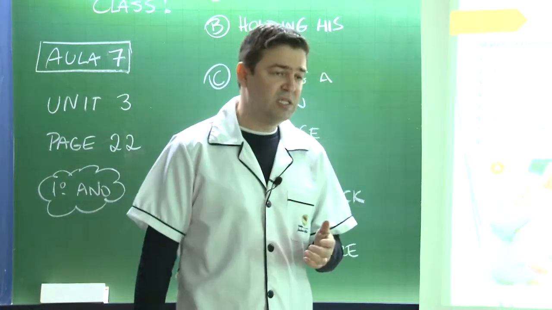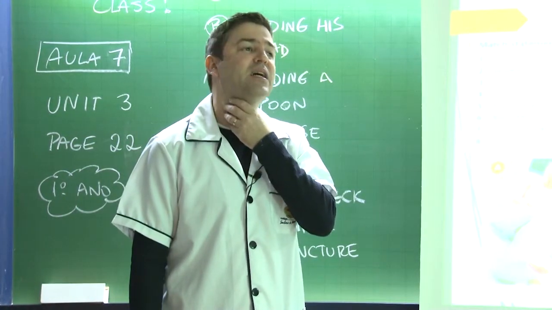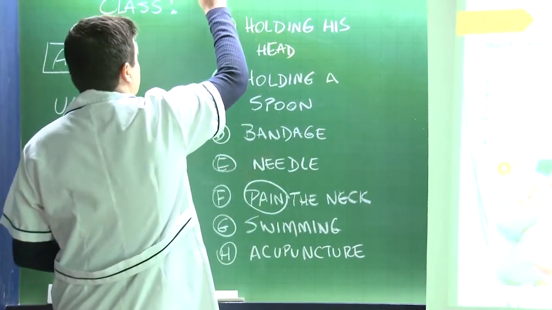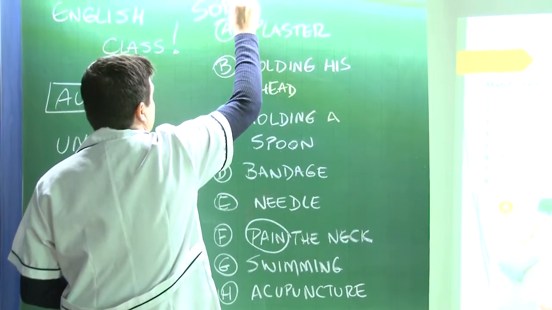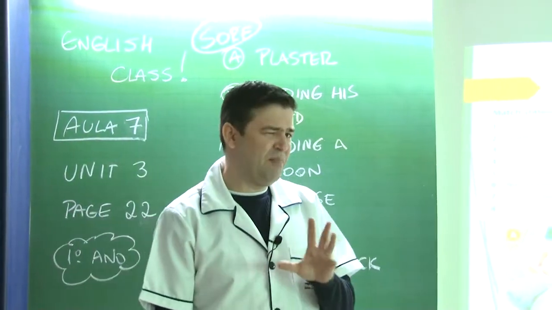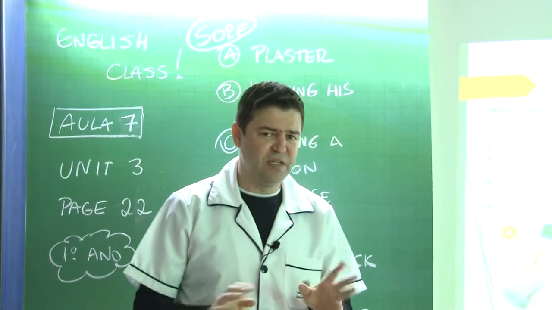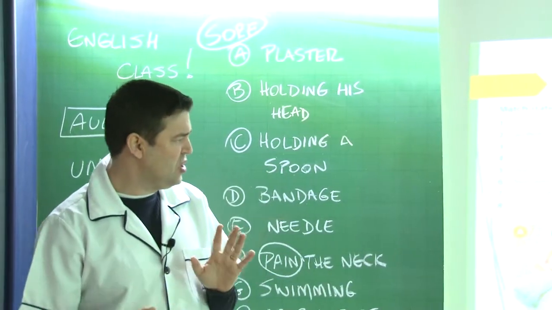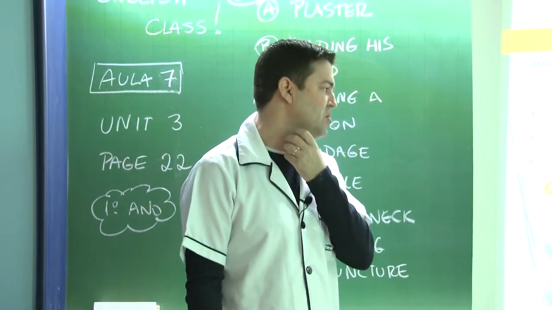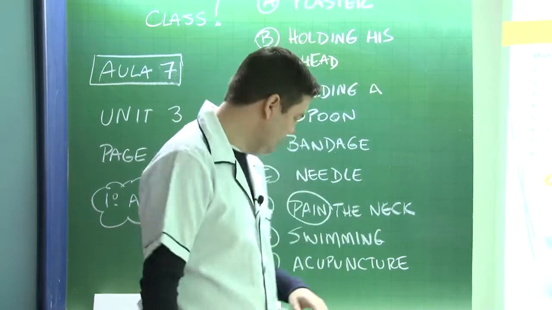But you also can use this word, sore. You can say that a part of your body is sore. It's not so common to say, but for the throat, it's really common to say sore throat.